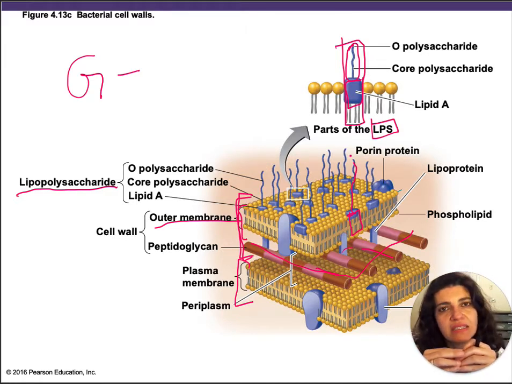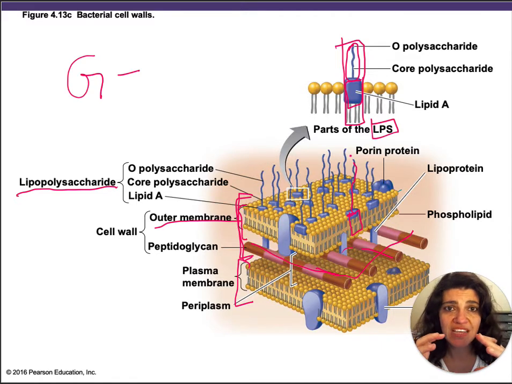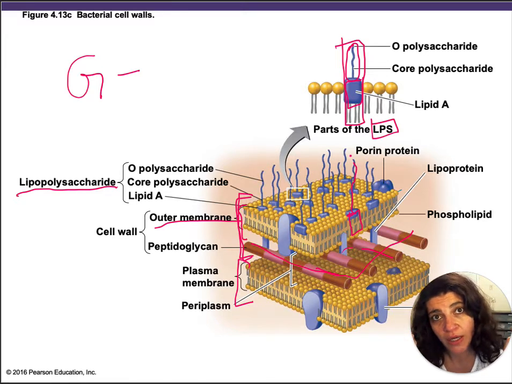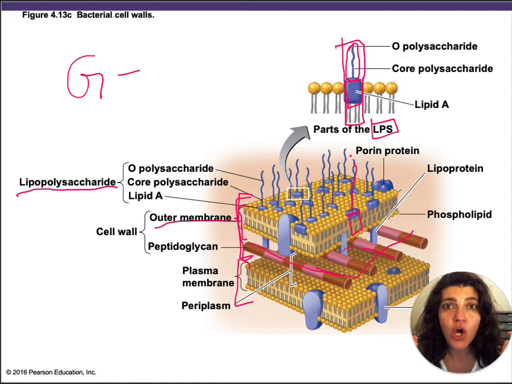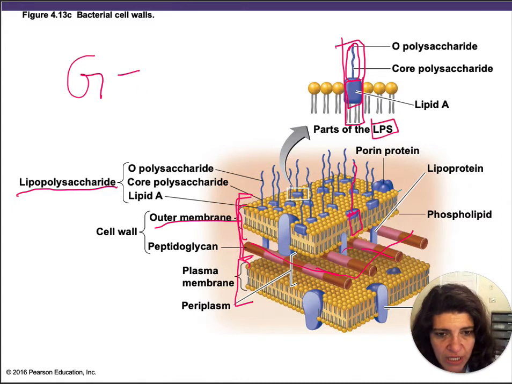When the bacteria die, the cell wall also breaks down, so again, these LPS get released into the environment. And if the environment is your body, because the bacterium is inside your body, LPS causes, among other things, fever. LPS is a pyrogen, so don't forget that LPS causes fever.